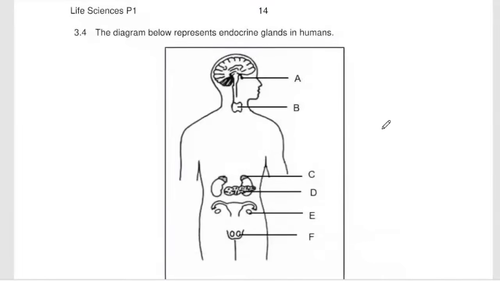If you try to label everything here, you see we have the pituitary gland, the thyroid gland, the adrenal gland, the pancreas, the ovary, and the testes. You have to know the function of each.